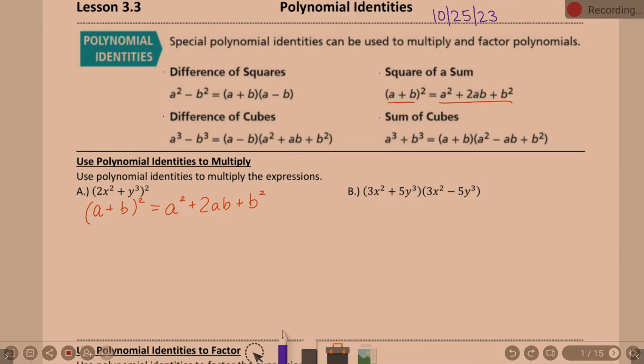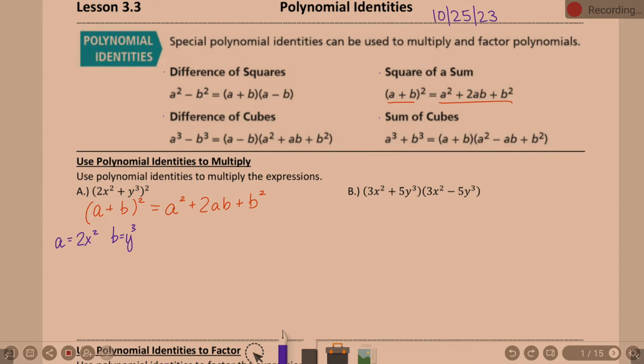What would you say is in place of a? Not just 2, but the whole term. Every time we see an a in the answer, it's going to be 2x squared. What would you say is in place of b? y cubed. That is the term y cubed.